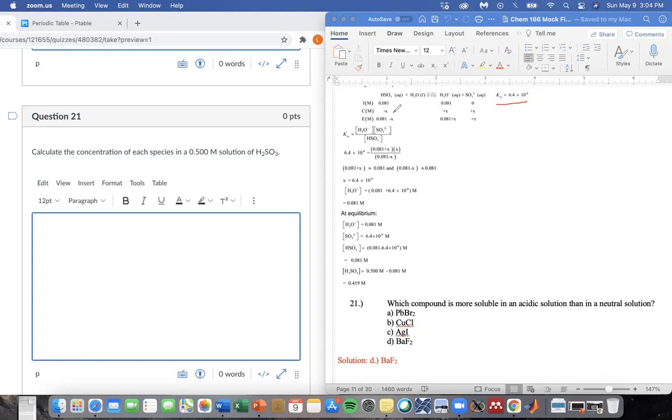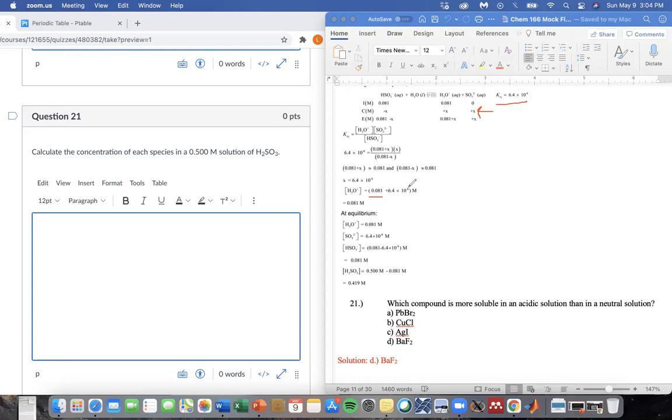When you have this set up for the second proton lost in a diprotic acid, your X value is always equal to your Ka2. To see if it's even necessary, if I add 6.4 times 10 to the negative 8 to 0.081, is it going to change anything?